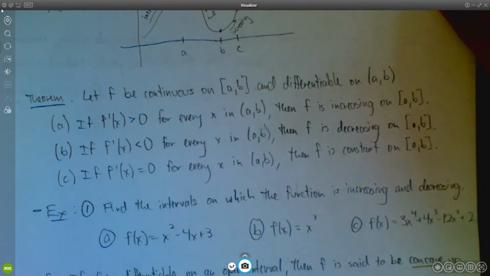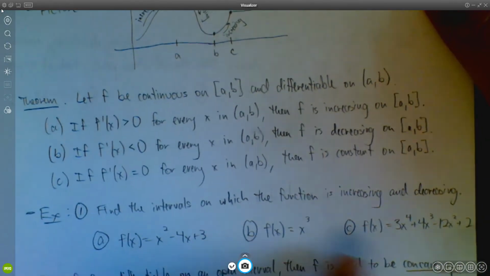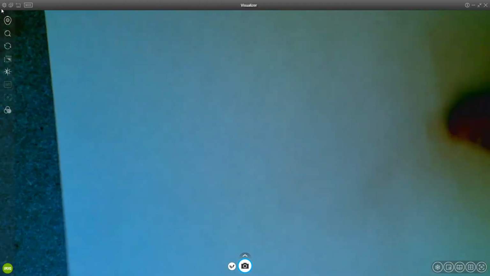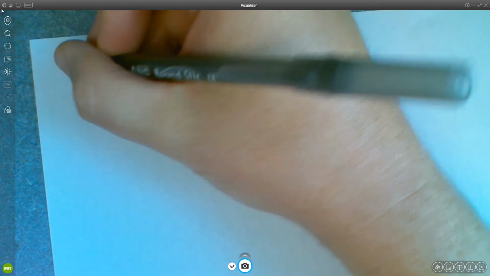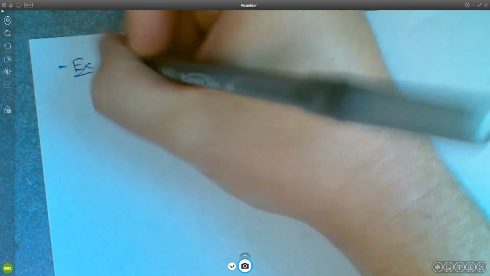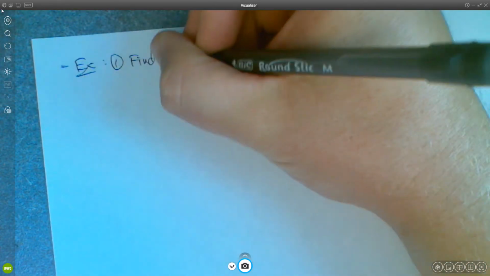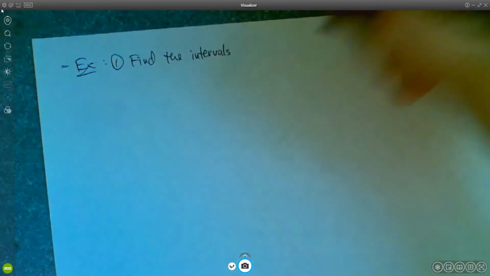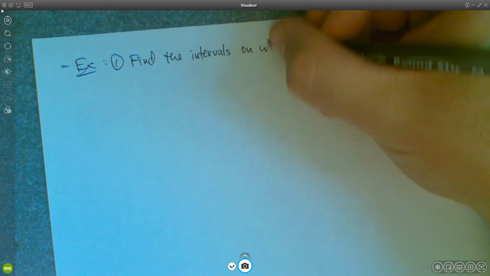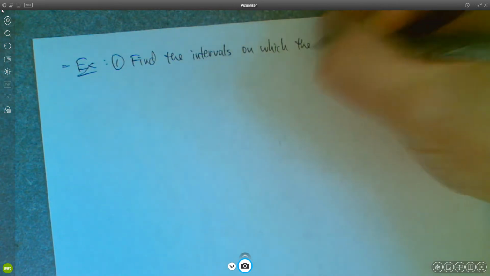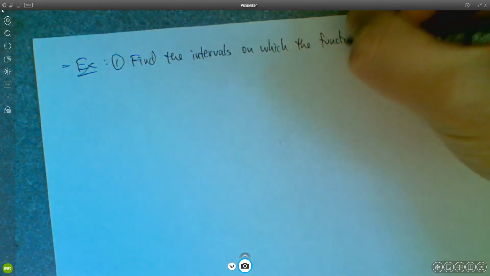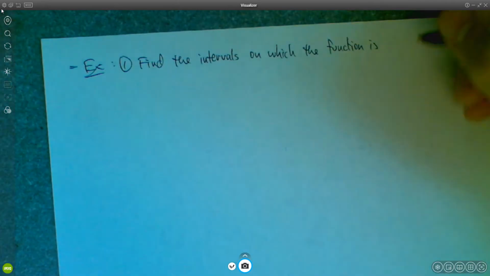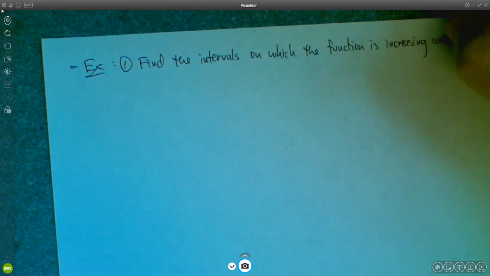So let's practice applying that to these three functions here. Let's find the intervals on which the function is increasing and/or decreasing.